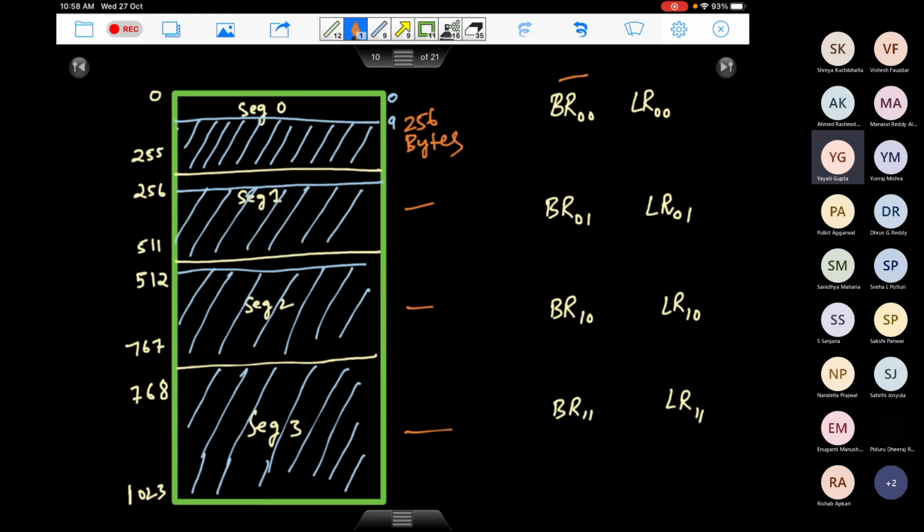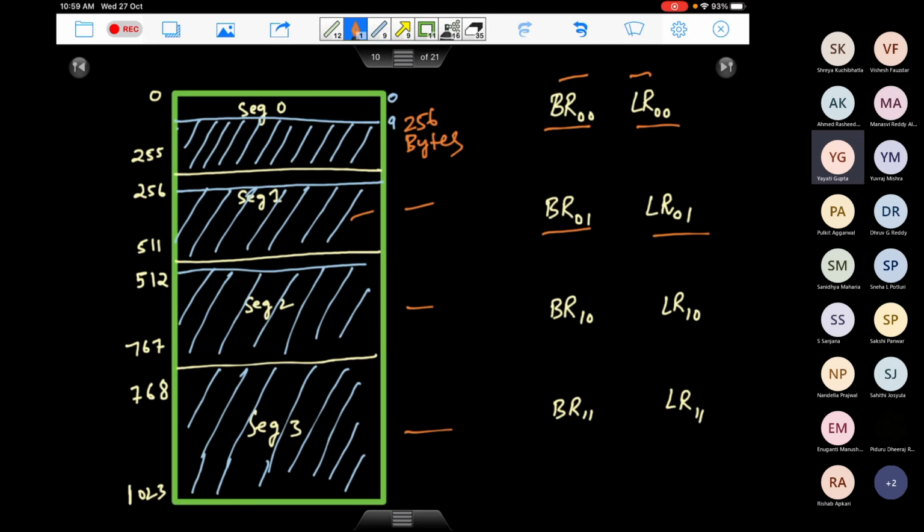You can actually introduce 4 more registers in your CPU because it's just 4, unlike a page table where we had a huge number of pages. Or you can also have a separate segment table, just like the page table, which for each segment will hold this information. So base register for segment 0, limit register for segment 0, base register for segment 1, limit for segment 1, and so on and so forth.